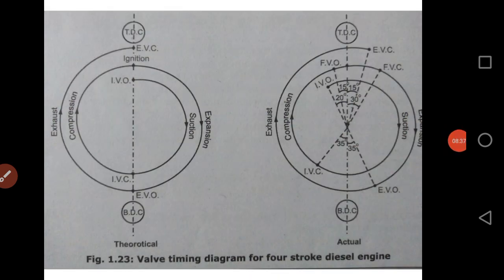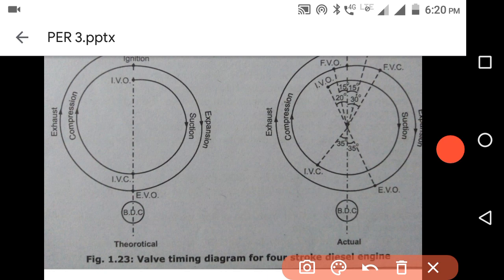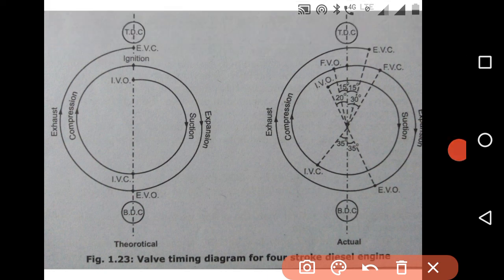Now we have to analyze this valve timing diagram again precisely. Now I am asking you the question: whether we can change the valve timings. We cannot change the valve timing because it is already fixed.